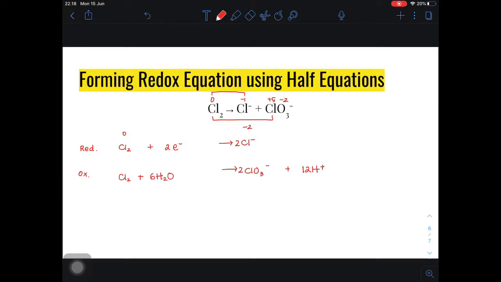The total charge on the left is 0, and the total charge on the right is +10. Therefore, we also need to add 10 electrons on the right. Equalize the number of electrons.